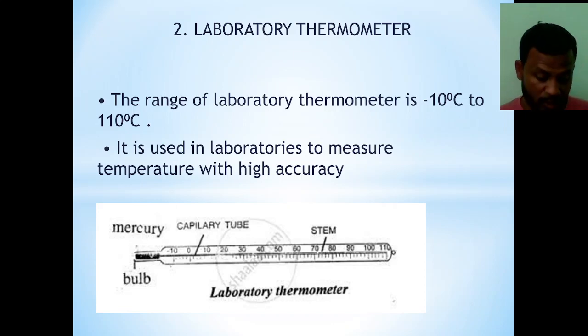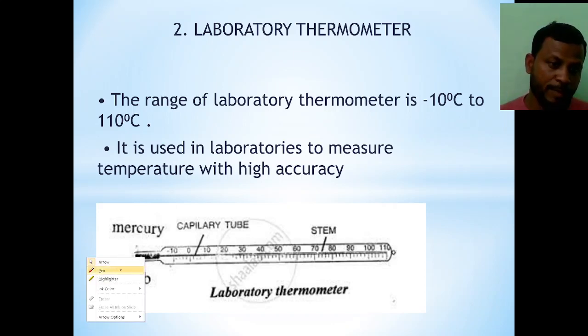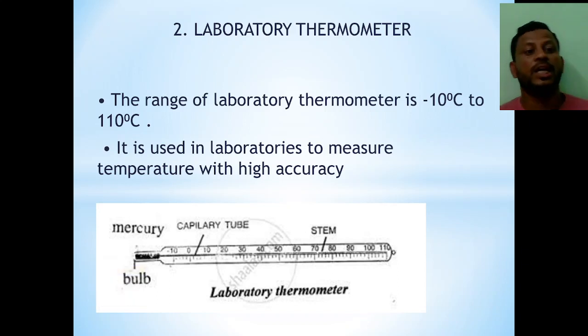The second one is the laboratory thermometer. The range of the laboratory thermometer is -10 degrees Celsius to 110 degrees Celsius.